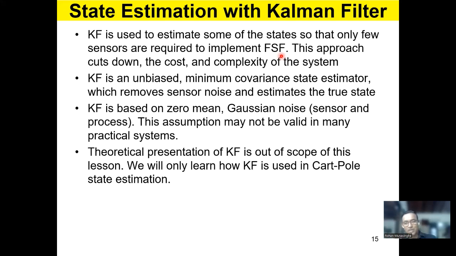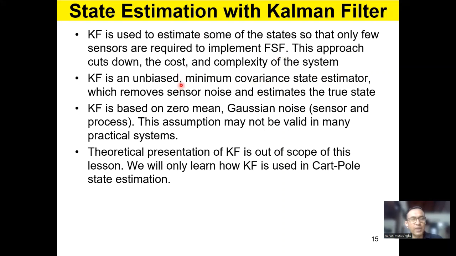Then you use a Kalman filter, which takes the measured two states and estimates all four states. And you can use these four states coming out of the Kalman filter, fed back to the linear quadratic regulator, and you can run the entire system. So the Kalman filter is an unbiased minimum covariance state estimator, right?